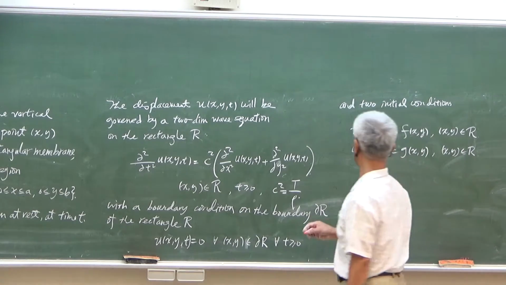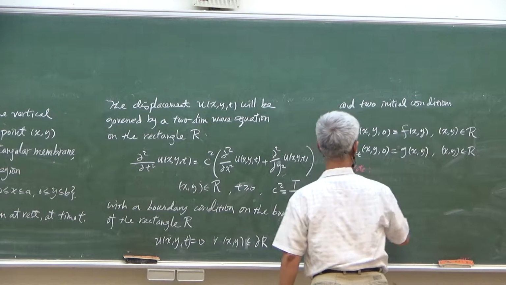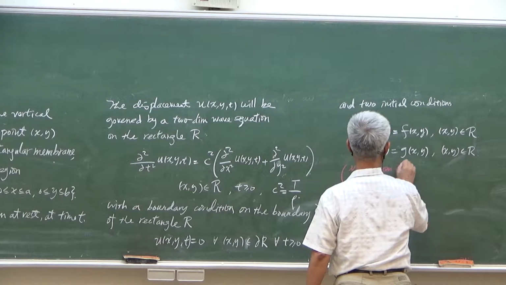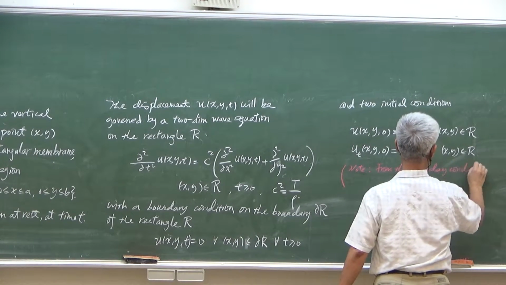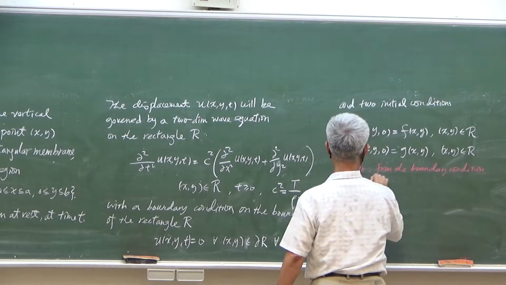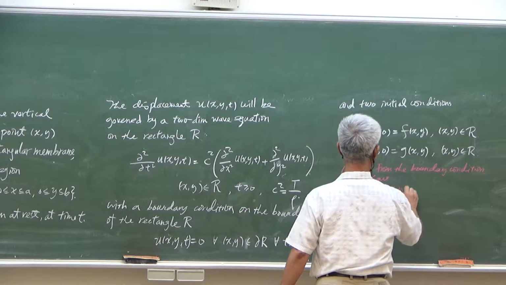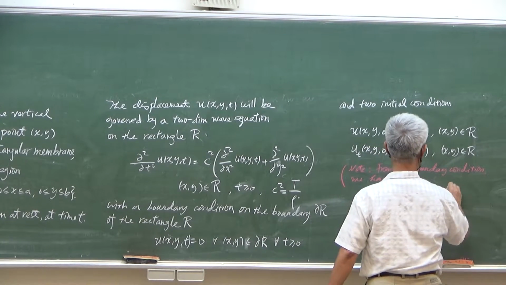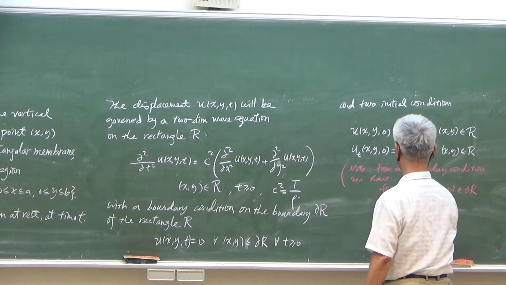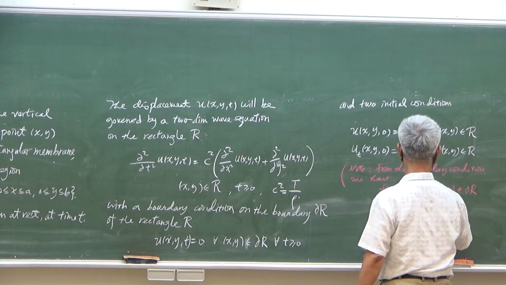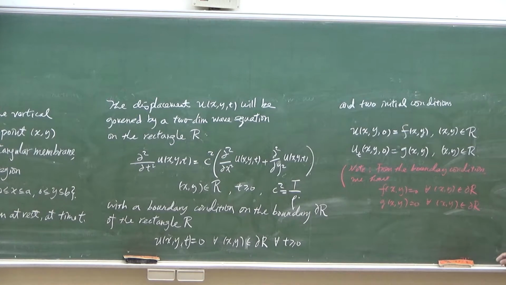Because of the boundary condition, we know that f(x, y) is equal to 0 for all (x, y) on the boundary of the rectangle, and g(x, y) is 0 for all (x, y) on the boundary of the rectangle.